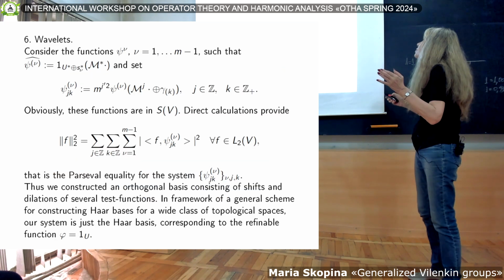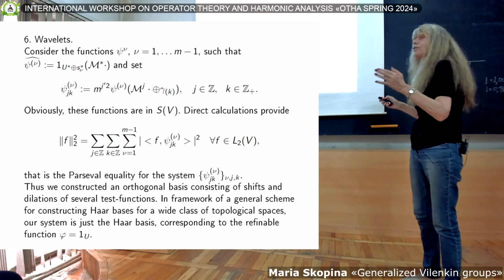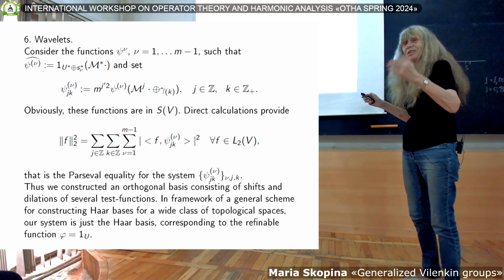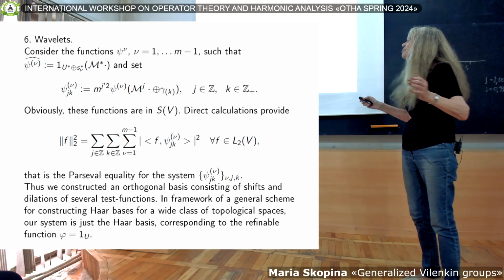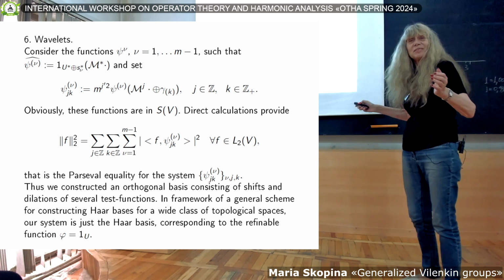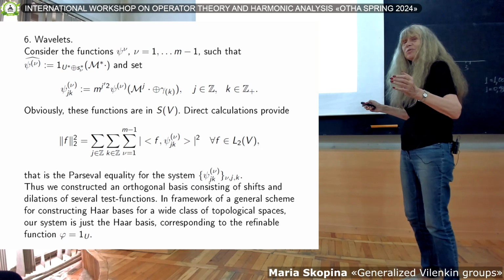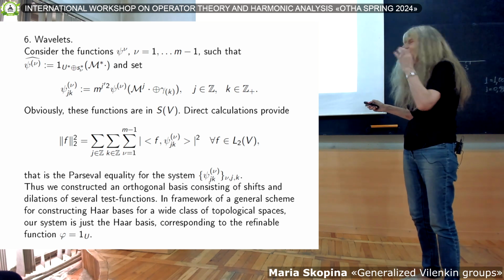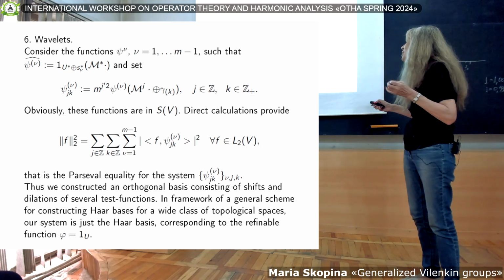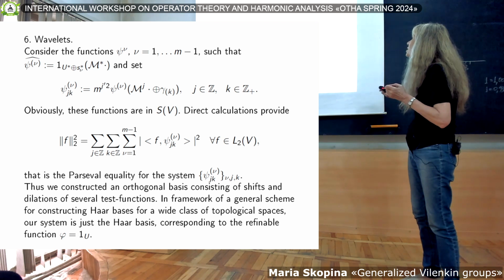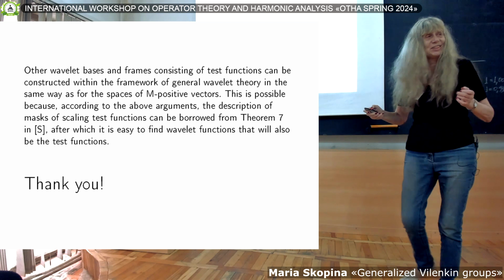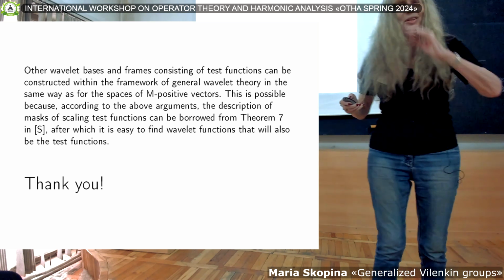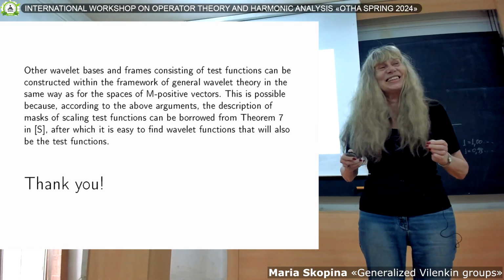After that, it's possible to develop and to steal from classical wavelets and from Z M positive vectors everything which we know on wavelets. Here I presented only the Haar basis. Sorry, I thought you had five more minutes.